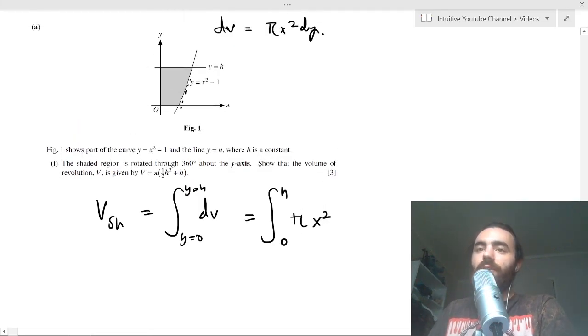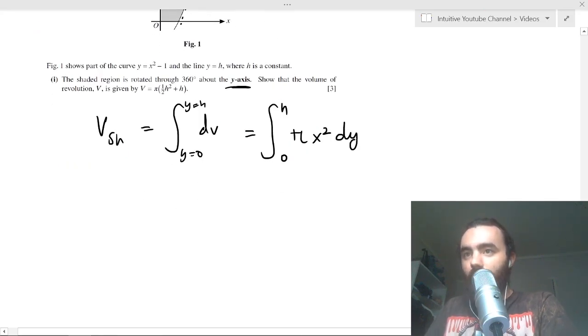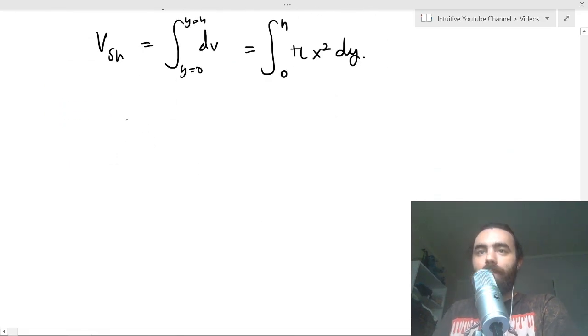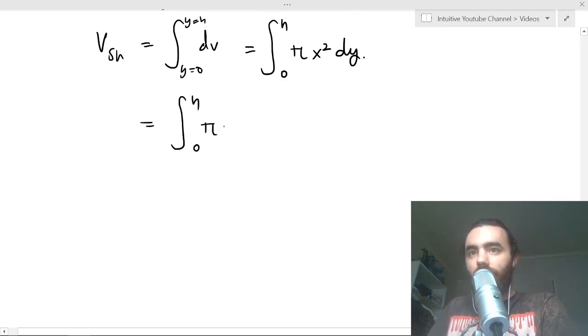You can see it's x now because we're actually rotating around the y-axis. And our x squared here, if we just take the 1 over, equals y plus 1. So this is the integral from h to 0 of pi times y plus 1, because x squared is equal to this, dy.